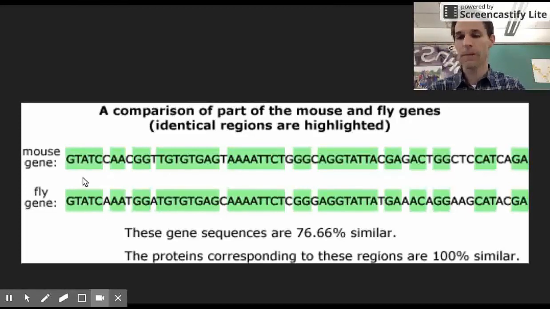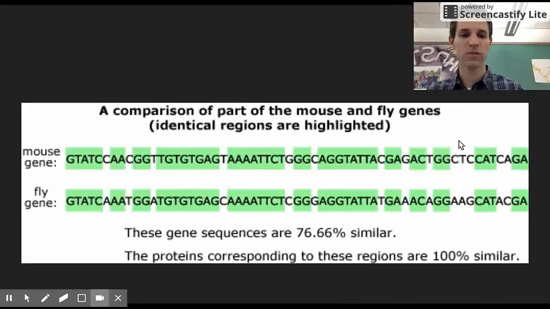Maybe it's the gene that helps set up bones or eyes or something like that, since flies and mice both have eyes, for example. Maybe that's what this is. But if we look at the same type of gene from the organisms, we see similarities. So the genetic code is the same for a lot of these things, and there are some places where they are different.